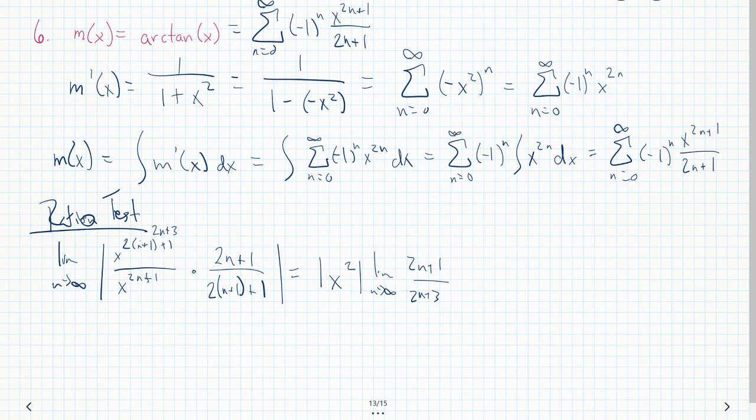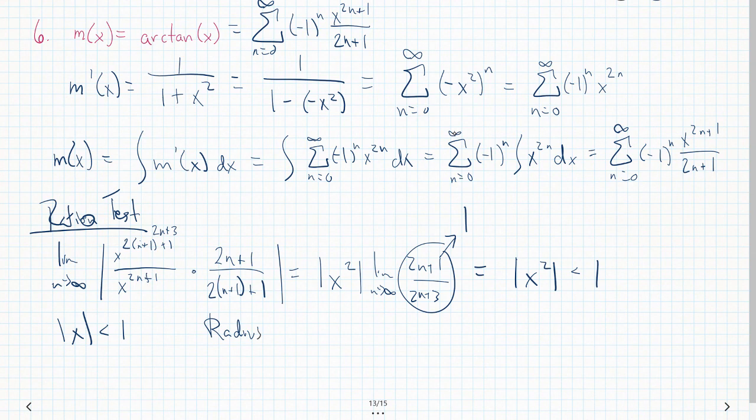Luckily, that whole shindig goes to 1, so what we're left with is the absolute value of x squared, which is less than 1. That means the absolute value of x is less than 1 as well. So we have our radius of convergence, and it is r equals 1.